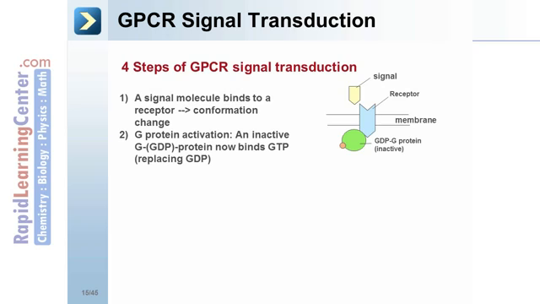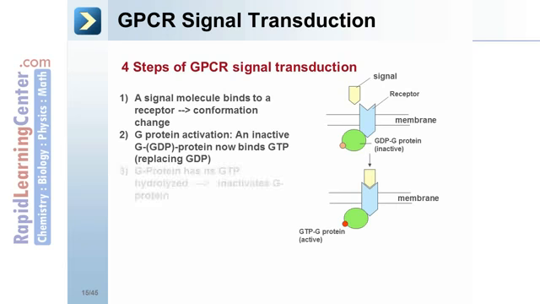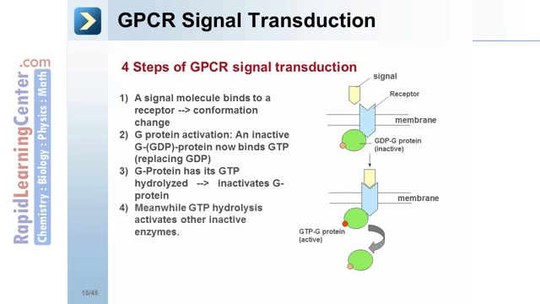An inactive GDP protein now binds GTP, replacing GDP. G protein has its GTP hydrolyzed, which inactivates the G protein. Meanwhile, GTP hydrolyzation activates other inactive enzymes.